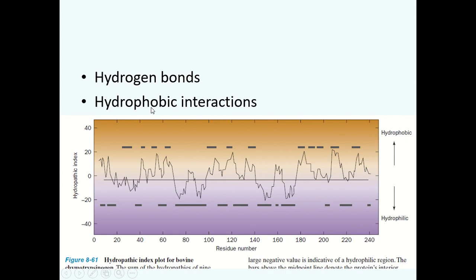So these amino acids which contain hydrophobic side chains, for example, the aromatic amino acids or the aliphatic amino acids, they are non-polar. So these non-polar hydrophobic amino acids, when they're present in an aqueous environment, they're unable to interact with water. As a result, they are going to interact with one another. So this interaction is called as hydrophobic interaction.